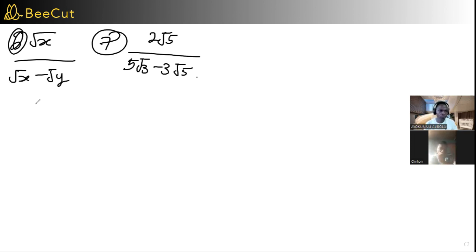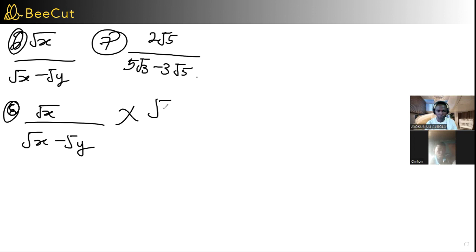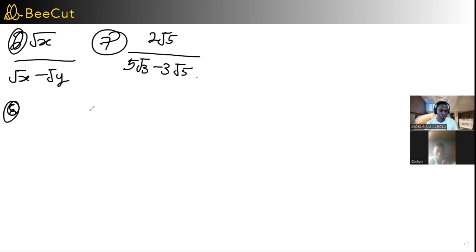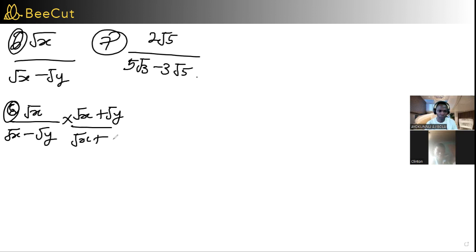For number six, you have to rationalize. So this is root x over root x minus root y, times root x plus root y all over root x plus root y. So this is going to expand, looking at this one and multiplying this.